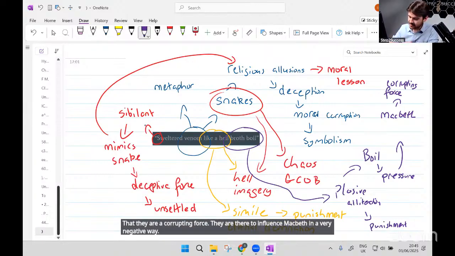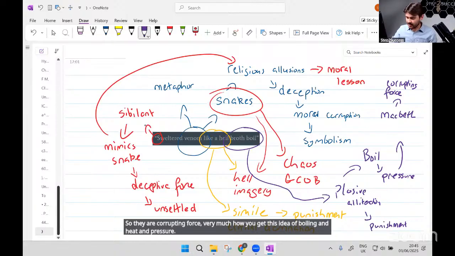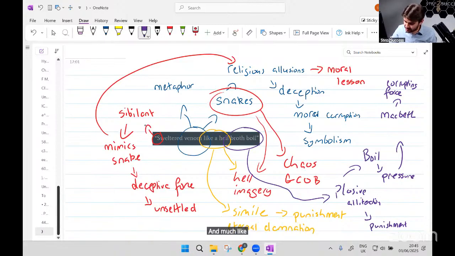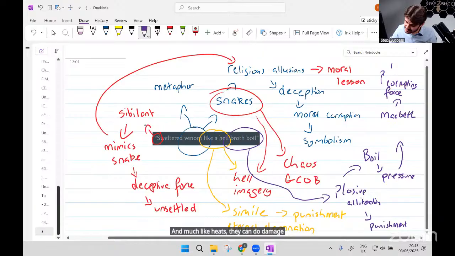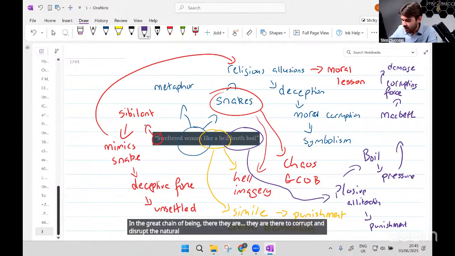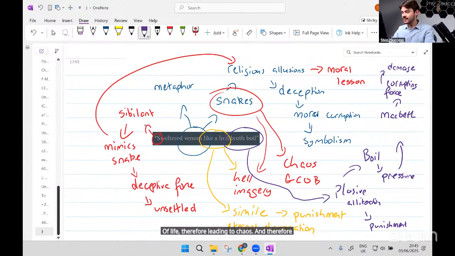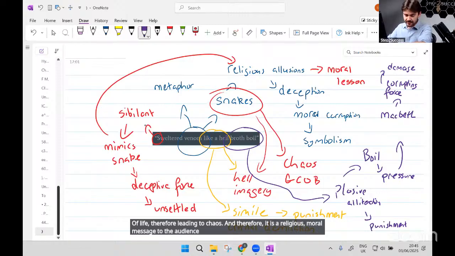And much like heat, they can do damage to people's lives, linking therefore to chaos in the great chain of being. They are there to corrupt and disrupt the natural order of life, therefore leading to chaos. And therefore it is a religious moral message to the audience not to sin.